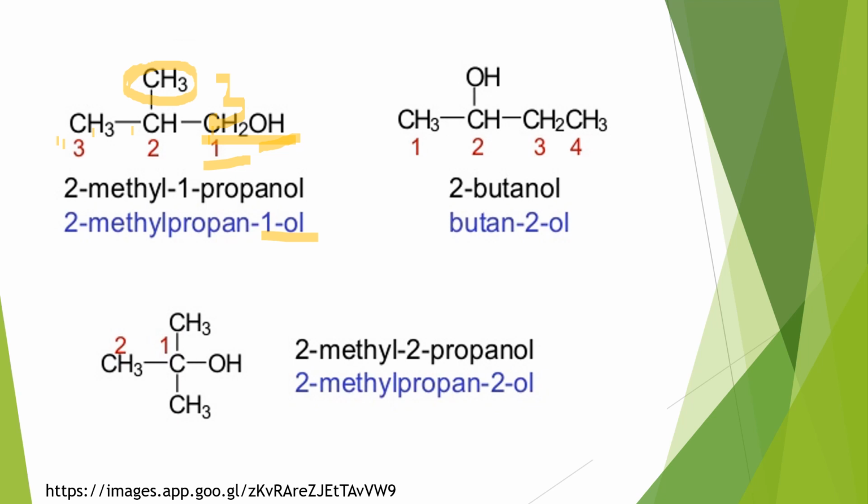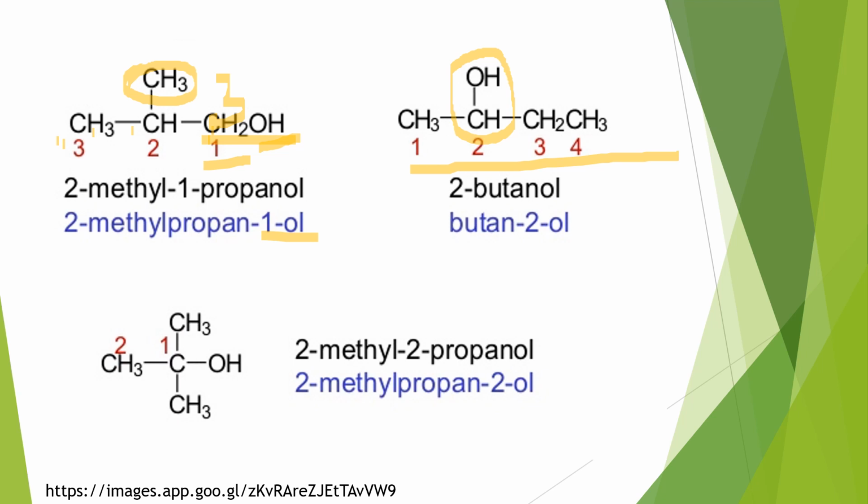Okay, then similarly let us see another example wherein the parent chain has 4 carbons, and in this structure we have to start numbering from our left hand side, so that the carbon bearing the hydroxyl group will get the lowest number. So 1, 2, 3, 4. This is 4 carbons in the parent chain, hence it is butane.